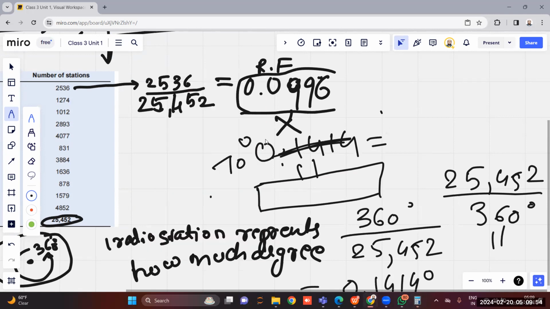So this will represent 69.7 degrees in the pie chart.